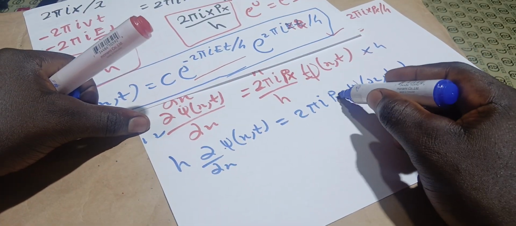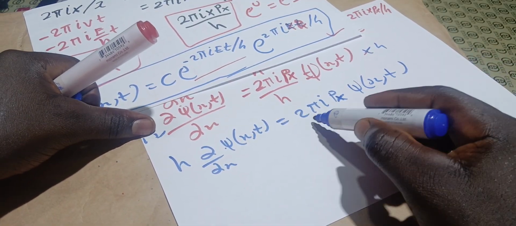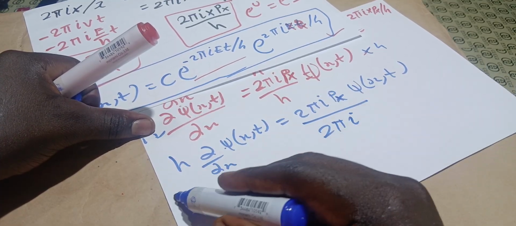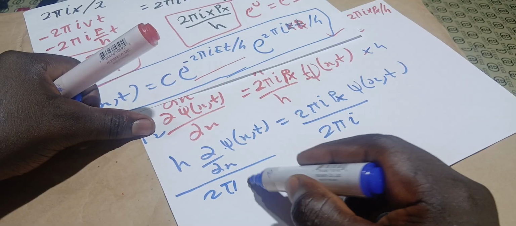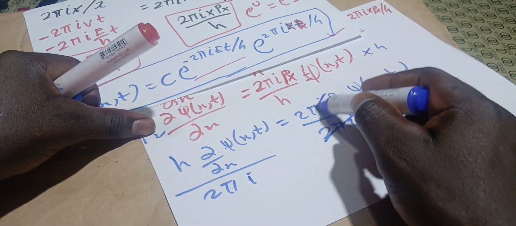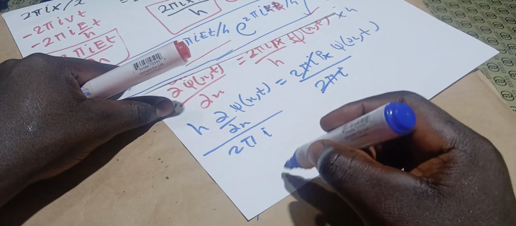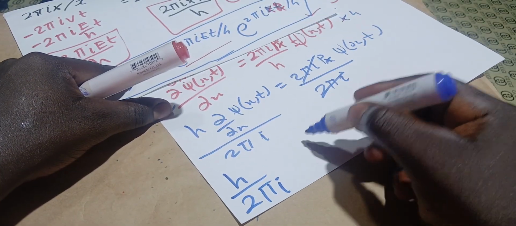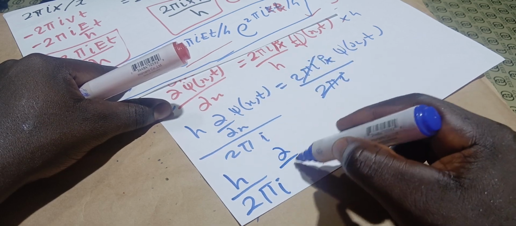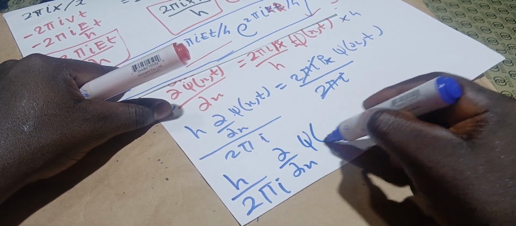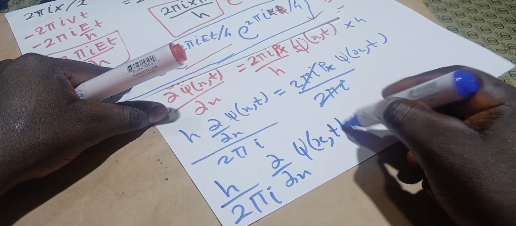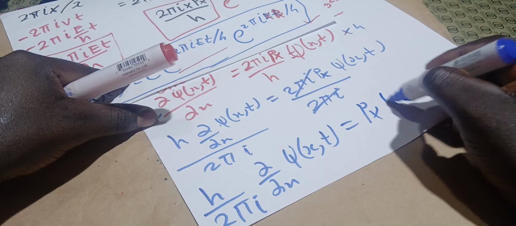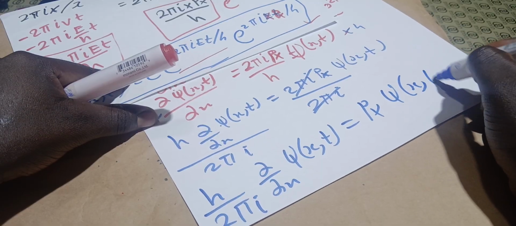Now we want px to be our eigenvalue, so let's divide the whole thing by 2 pi I. Everything here by 2 pi I. Then 2 pi I will take care of 2 pi I. So at this place, we are going to have h over 2 pi I, d over dx, the wave function, giving us px here, and the wave function x t.